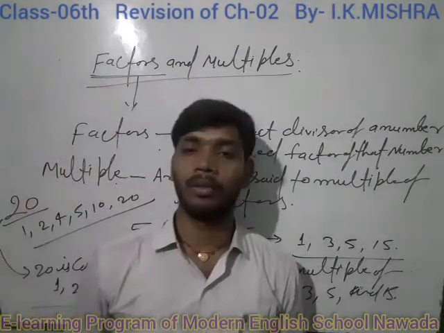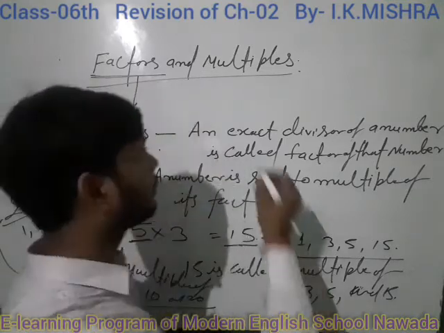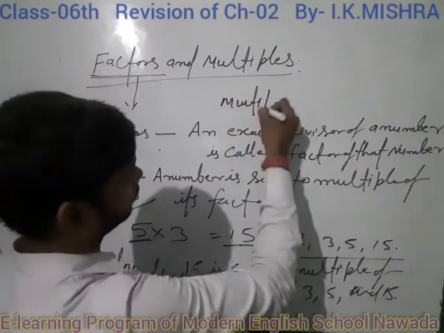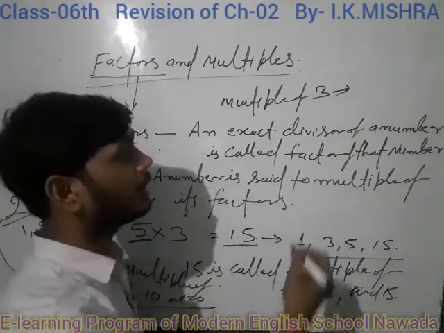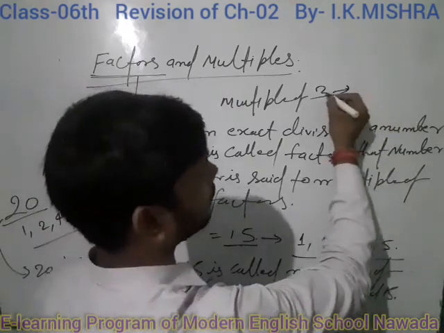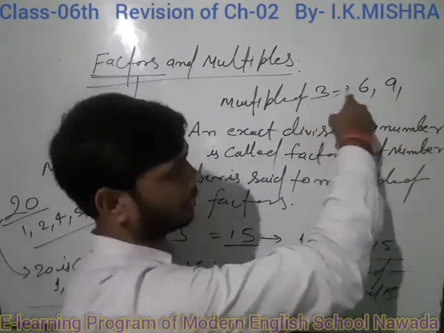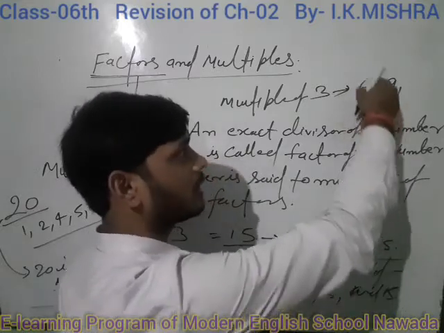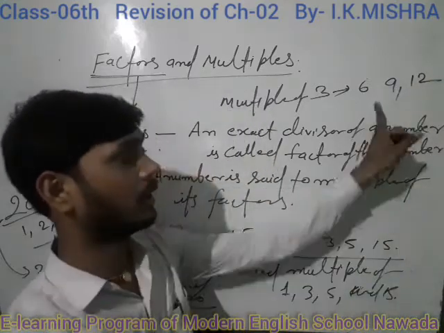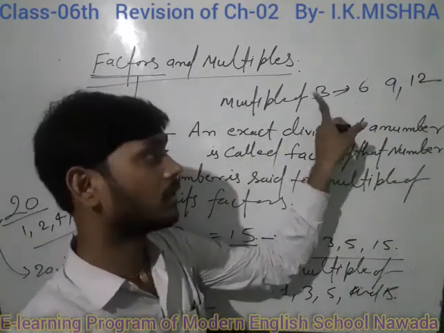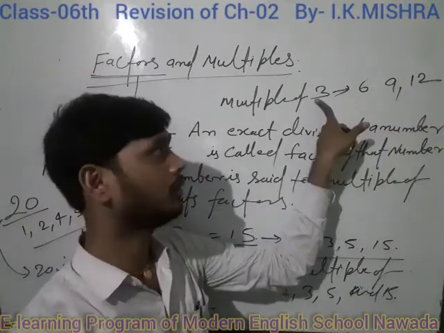Similarly, you can write the multiples of any number. Suppose you have to write multiples of 3. Then you multiply by any number: multiplying by 2 gives 6, and 6 is a multiple of 3. 9 is a multiple of 3. 12, that means 12 is exactly divisible by 3. That means 3 is a factor of 12, and 12 is a multiple of 3.